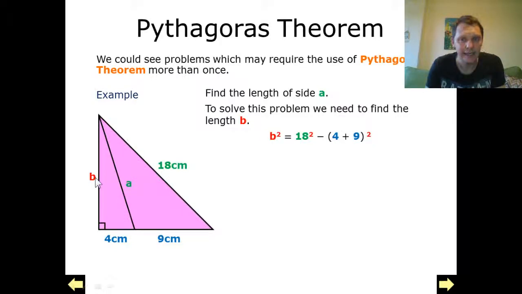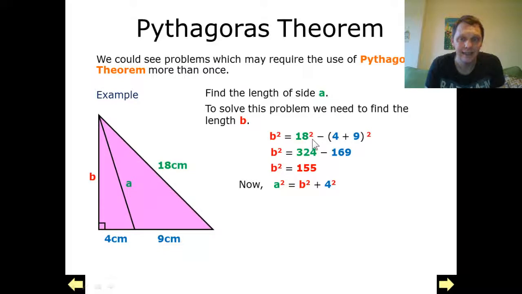So B squared is going to be 18 squared, which is my hypotenuse, subtract 4 plus 9 squared, because these two added together is going to give me this full length down here, which of course gives me 13. 13 squared is 169. 18 squared is 324. So subtracting these is 155.